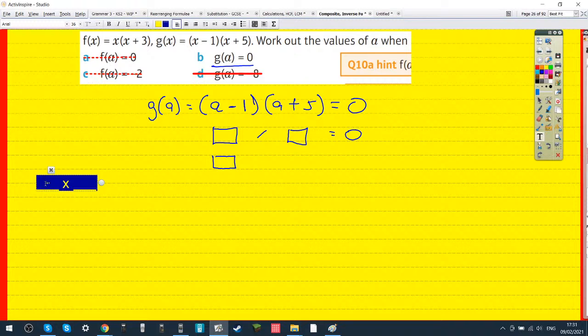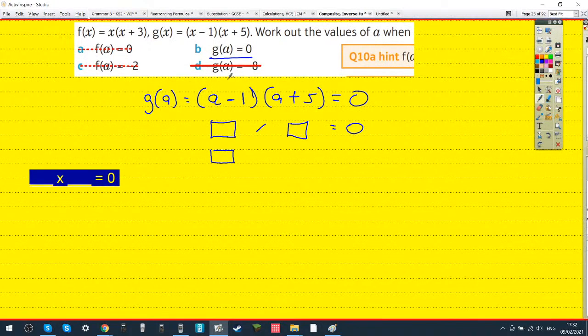Just any number and 0. Yeah, and so therefore, one of those brackets has to be equal to 0. Therefore, that is equal to 0, or that is equal to 0. And so solve each of them separately.